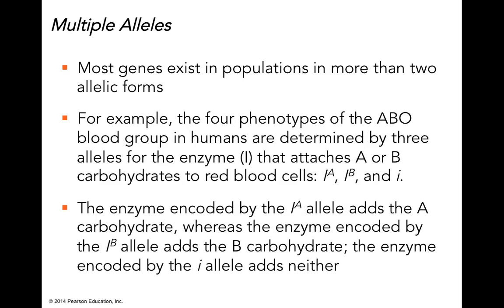There is a third allele for this enzyme, which essentially does not encode for any enzyme. And this one is recessive to these 2 alleles, which do place carbohydrates on the red blood cells.